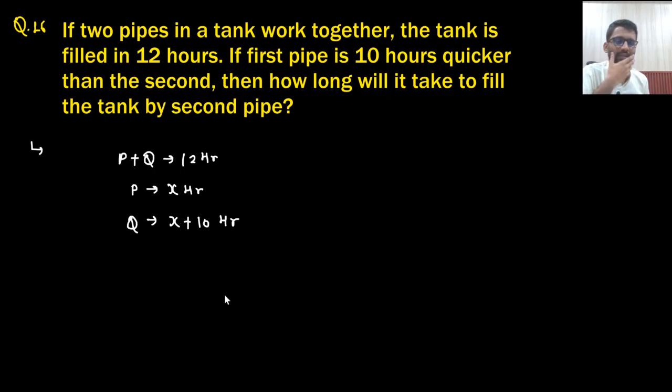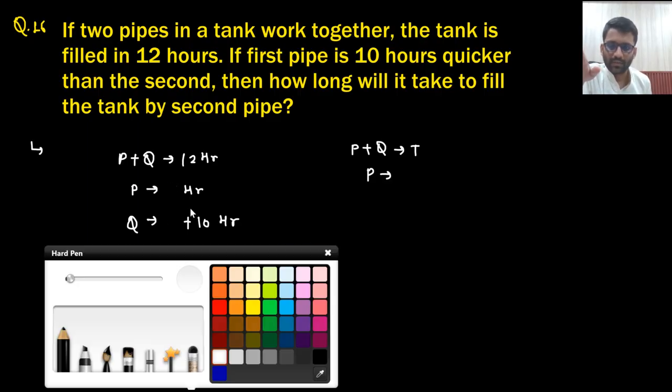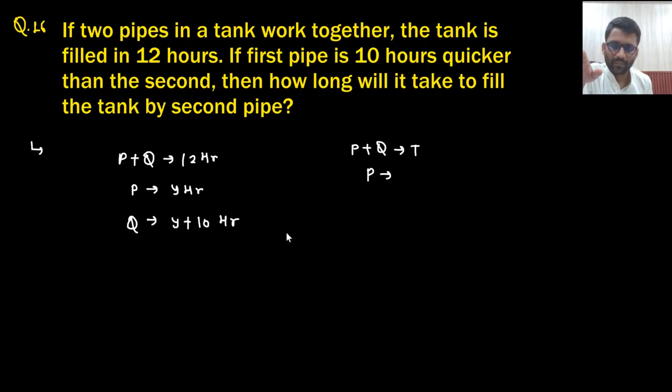Do you agree to this point? Now this seems like something that we already know. If P plus Q takes T time and P takes T plus some X time, let's just say, and Q will take T plus X plus 10 times.